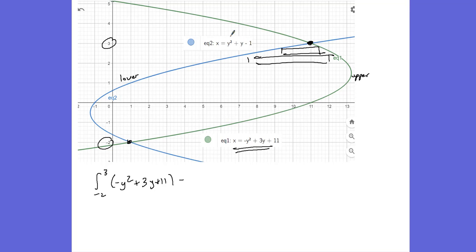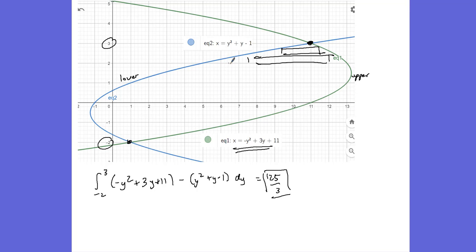Minus this blue function here, y squared plus y minus 1, dy. You can do this on your calculator, or you could do this in a longhand way. We end up getting an area of 125 over 3, and that is the area between these two curves. So I don't have to split it up vertically into a bunch of little parts.